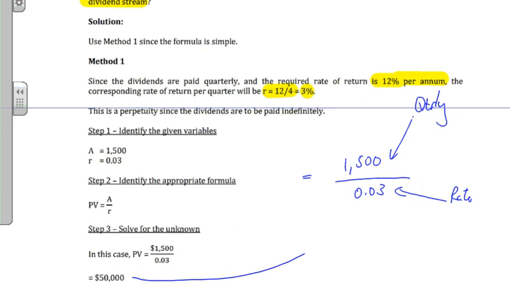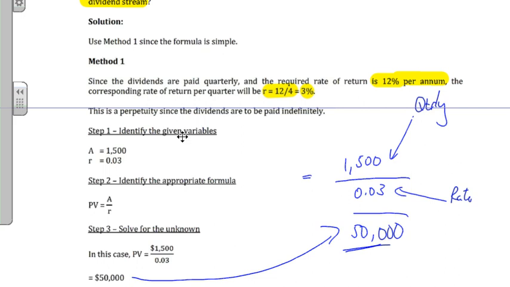I would be prepared to pay $50,000 in order for the benefit of receiving $1,500 every quarter. For how long? Perpetuity means forever. Everybody comfortable with that?